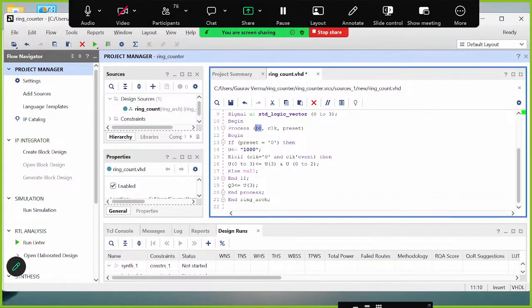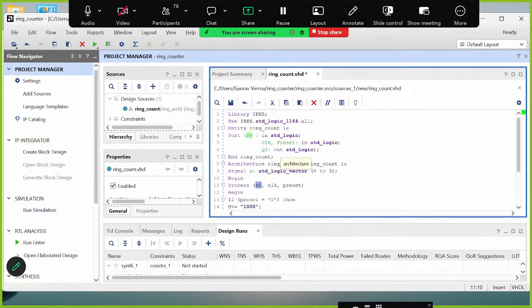We need to see whether this d naught is not an independent input and this is output. This is output always, that is true. But this is acting like an input and as well as it is acting like an output for Q3.